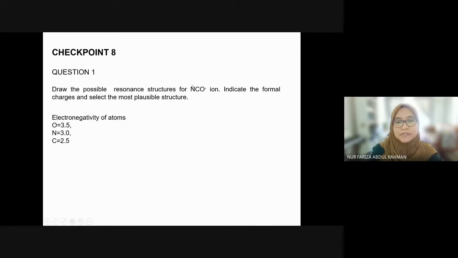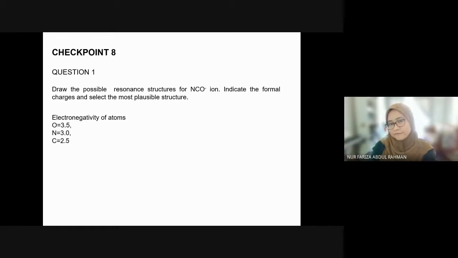First thing first, you have to draw the Lewis structure for this ion. Once you have the complete Lewis structure for this ion, you would go for the resonance structure. From those resonance structures, you need to select which one.